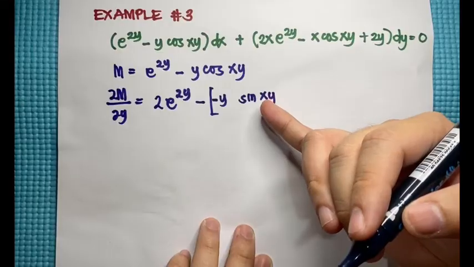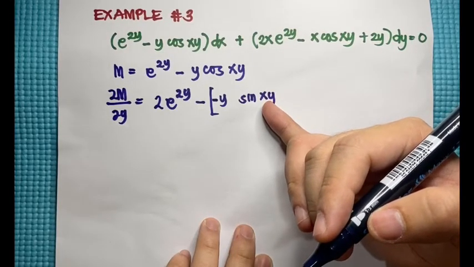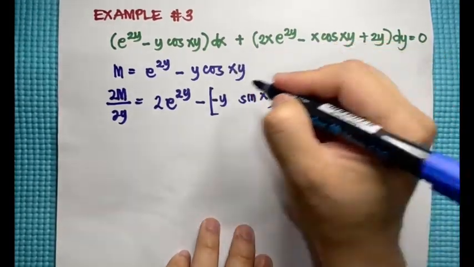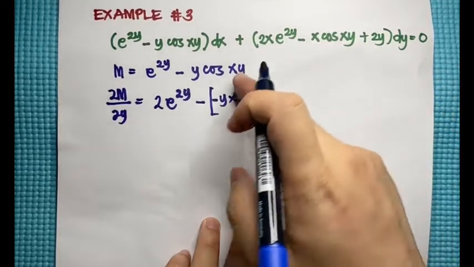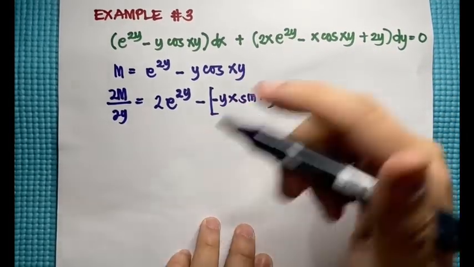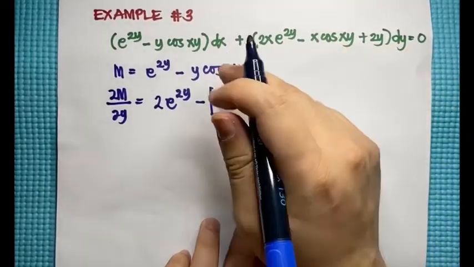However, the derivative of xy would be x, so I'll be attaching x there. So this would be u dv. And then I'll be adding plus v du.